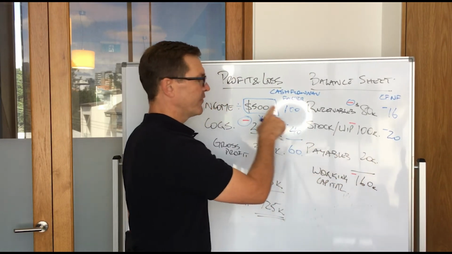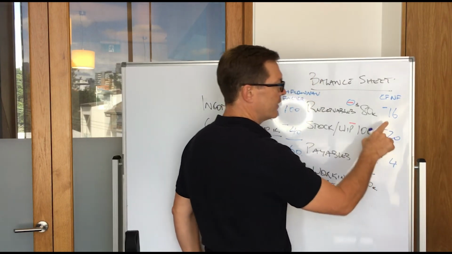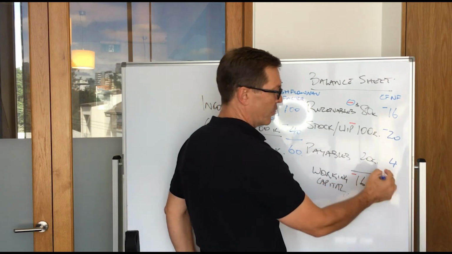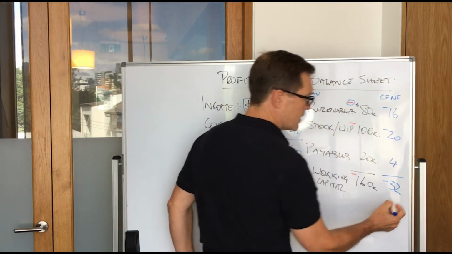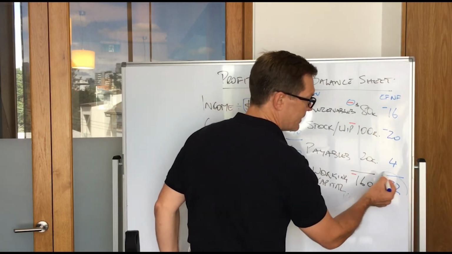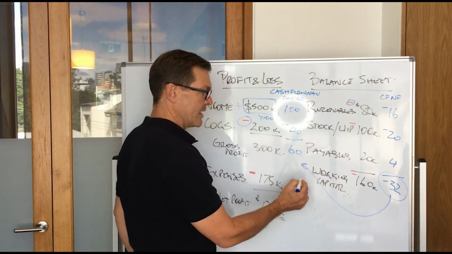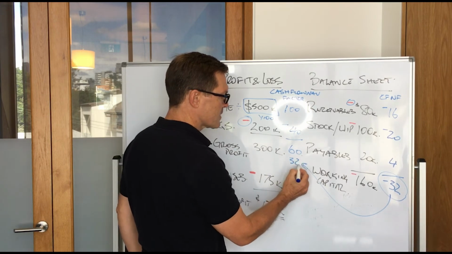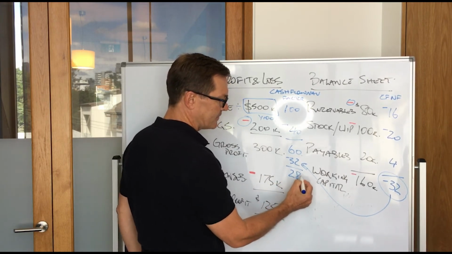And 20 divided by 500 times 100 is 4. So 16 and 20 is 36, less 4 is 32. We take this working capital factor and bring it over here and take it away from the gross margin. 32 from 60 gives us 28 cents in the dollar.